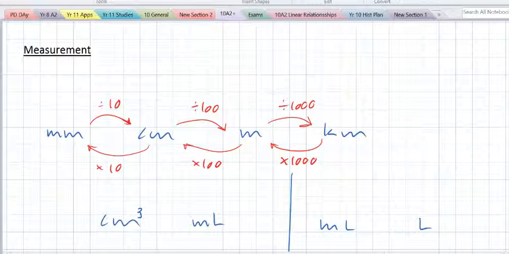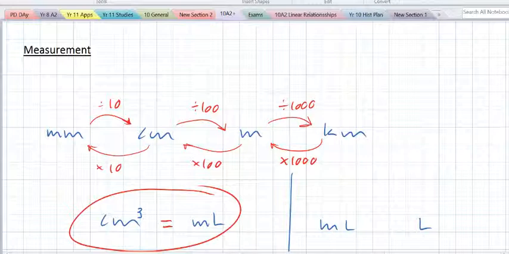Now, do any of you know how many millilitres are in a centimetre cube? 1,000? No. A centimetre cube is exactly equal to a millilitre.